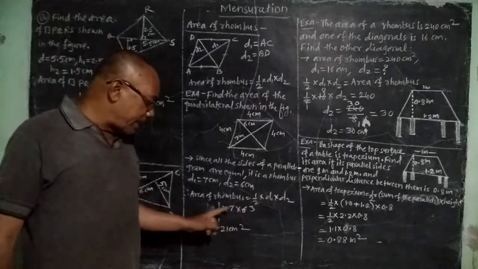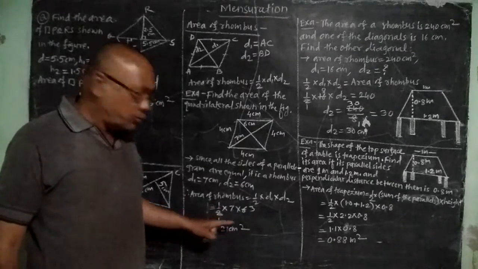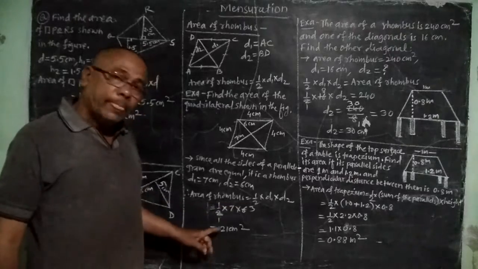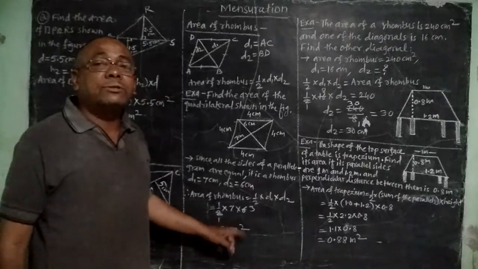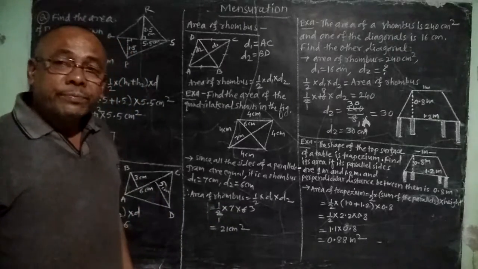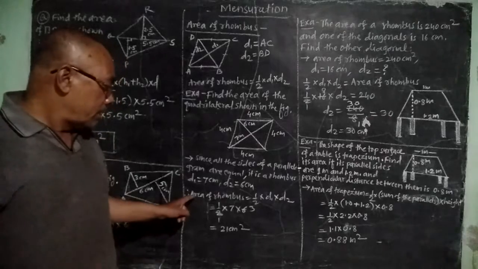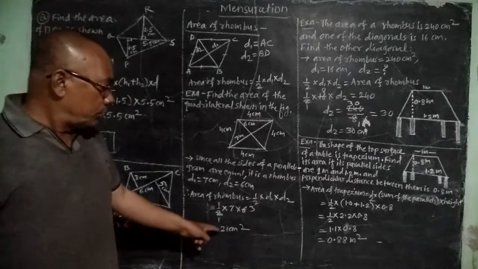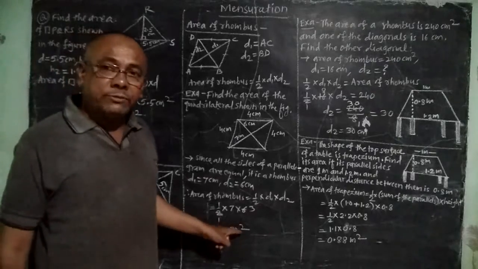Now dividing 6 by 2, 2 1s are 2 and 2 3s are 6, so 7 into 3, 7 3s are 21 centimeter square. In this way, the area of the rhombus is equal to 21 centimeter square.